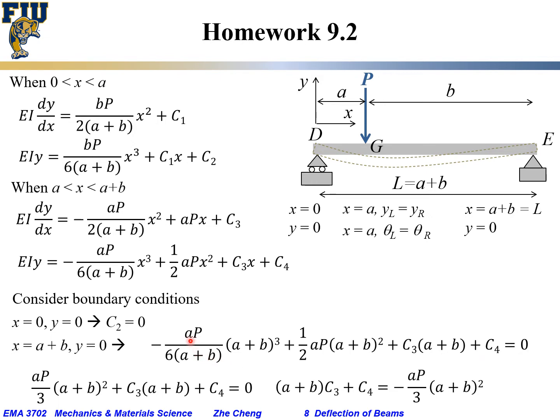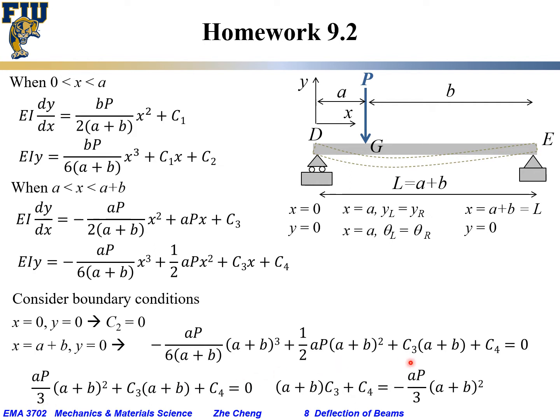So AP we keep, and AB and AB cube cancel, it is AB squared. So we would have AP times AB squared, and this is 1/6 minus, but plus 1/2. The net would be 1/3 of AP times AB squared over 3.